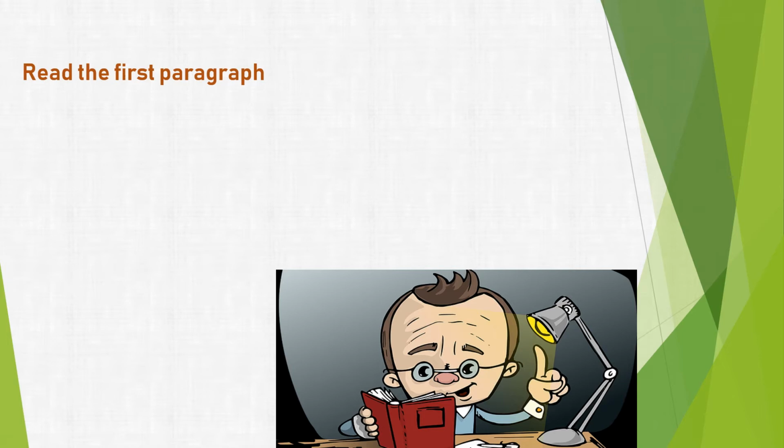If there are 6 paragraphs A, B, C, D, E, F, read paragraph A completely, and then get a one line summary of what that paragraph is actually about, what the topic of that paragraph is. Then match that summarized sentence with your headings.